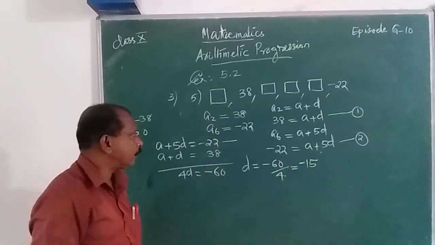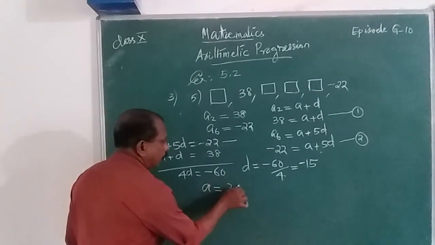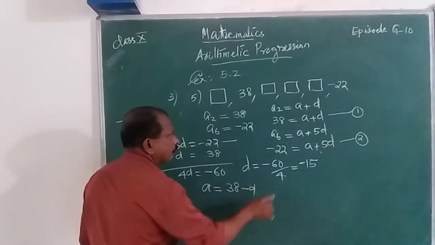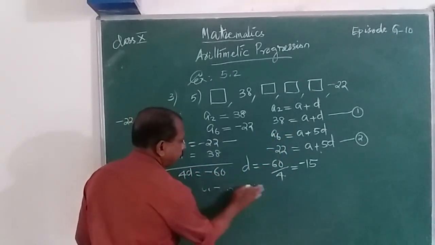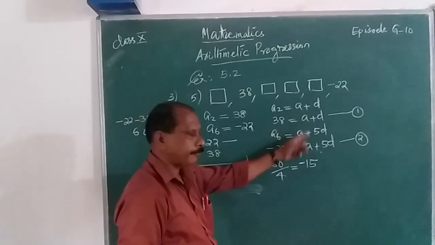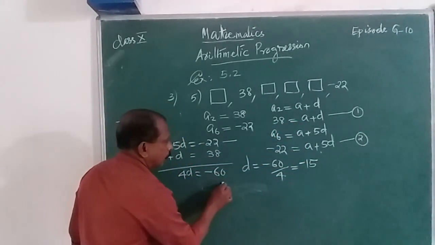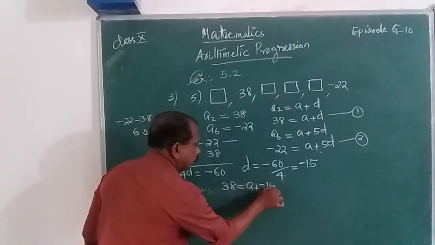D is minus 15. Therefore, A is equal to 38 minus D. Substitute this value in the first equation. That is, 38 is equal to A plus D, with D as minus 15.